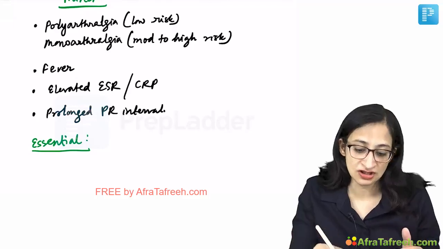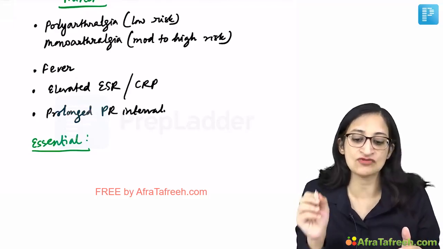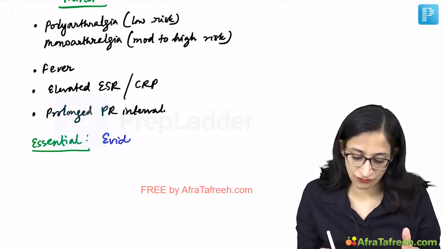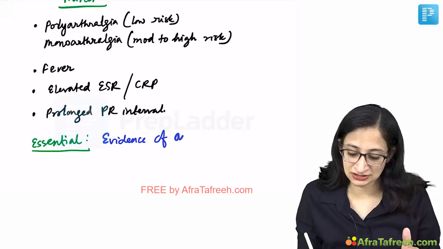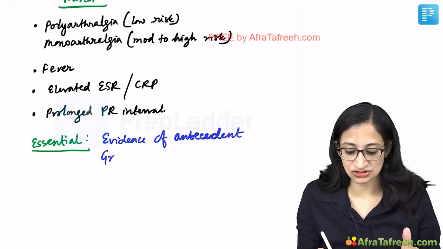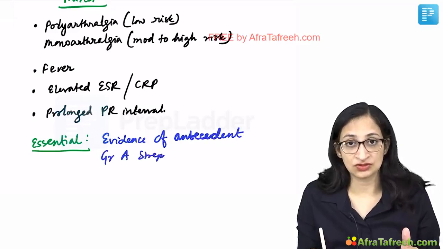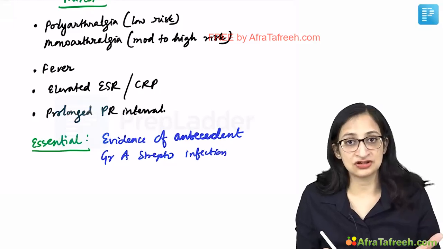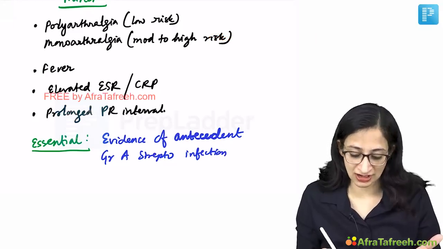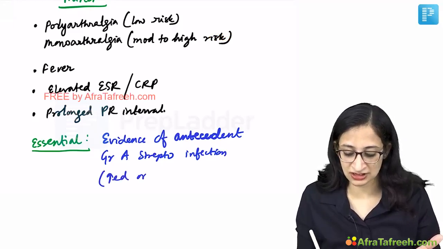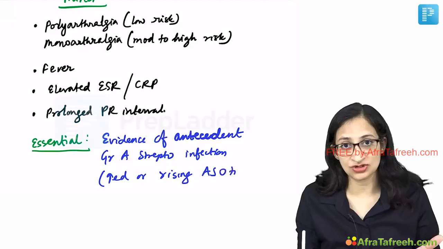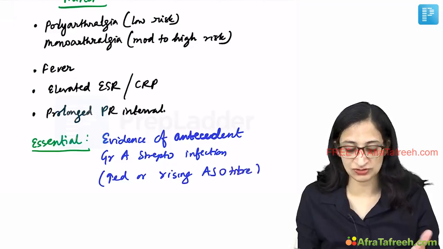So basically you have to give an evidence of antecedent or recent group A streptococcus infection. Okay. Which can be a rapid antigen test in the throat positive, or it can be increased or rising ASO titer, anti-streptolysin O titer, or any other antibodies against streptococcus also, if you are able to demonstrate.